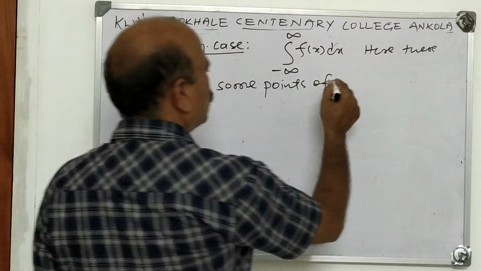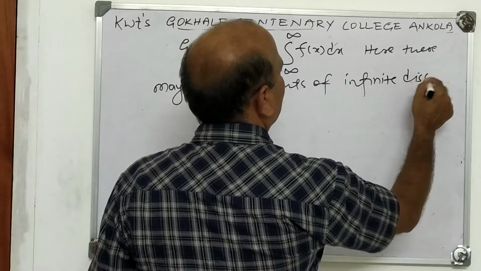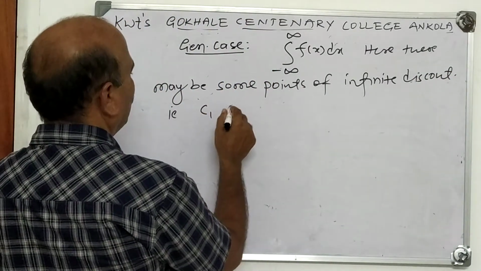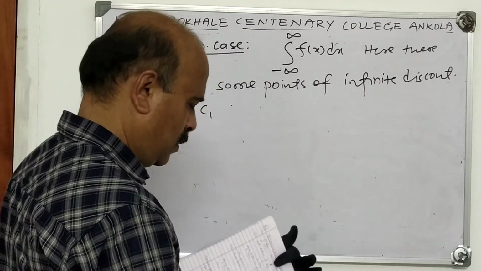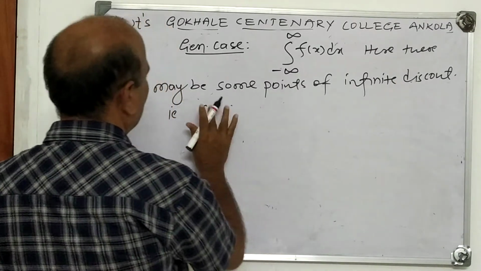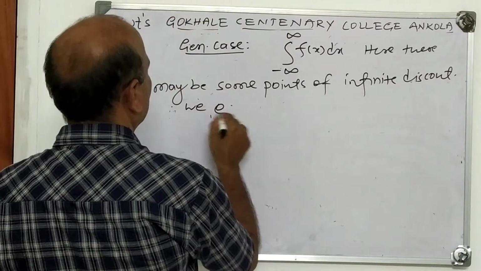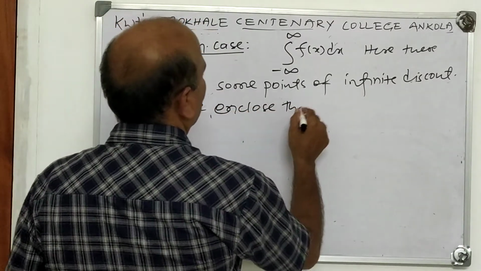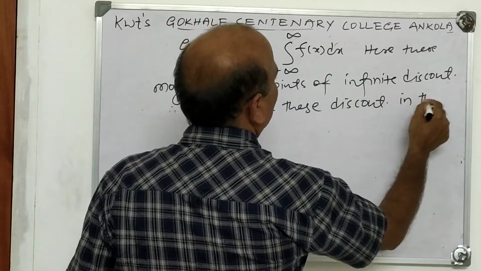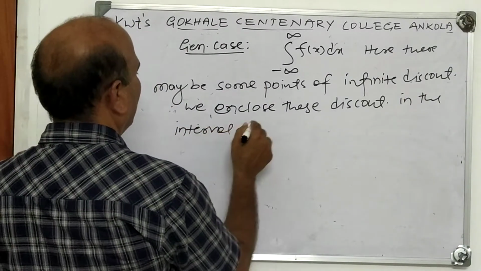Here there may be some points of infinite discontinuities, c1. Then what happens? We enclose these discontinuities in the interval AB.